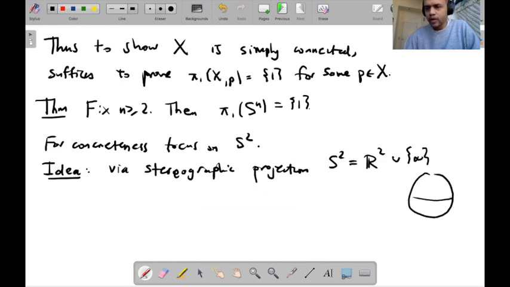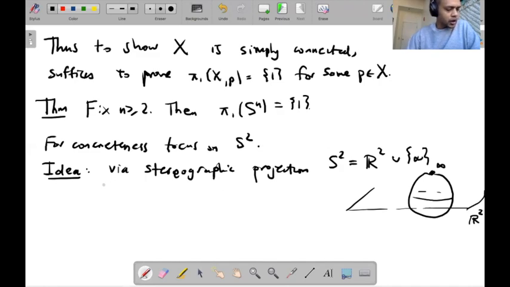I've drawn this picture a few times now. We have this point at infinity, and here's R2. So S2 minus the point at infinity is homeomorphic to R2. We add this extra point and we get the sphere.